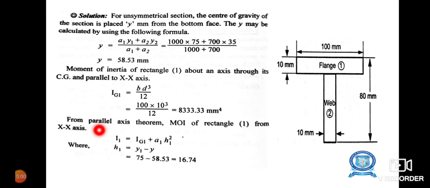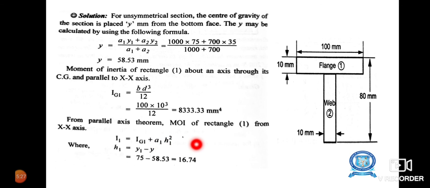Next we calculate for section 2. First I1 is calculated using the formula I1 is equal to Ig1 plus A1 h1 square. So we find h1. h1 is equal to y1 minus y. So 75 minus 58.53 is equal to 16.74.